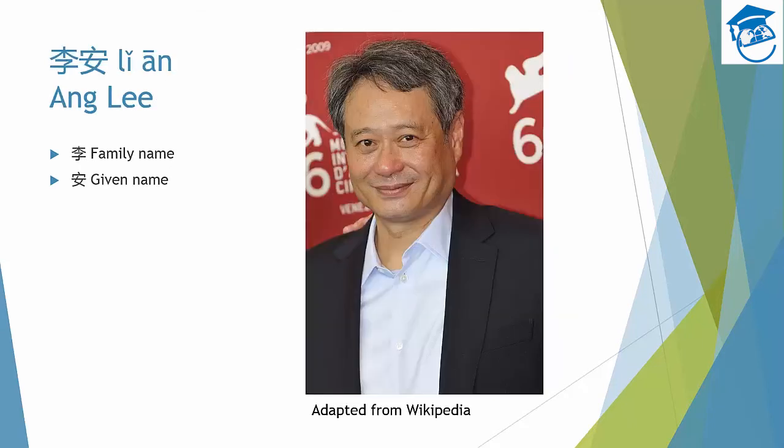Okay? And just another one for your knowledge, this is Li An, Ang Li. In case you don't know, he's the director of a very famous Chinese movie, Crouching Tiger, Hidden Dragon. He has also directed Brokeback Mountain. They are all very famous movies, so I thought it best to introduce him. Li An's English name is Ang Li.